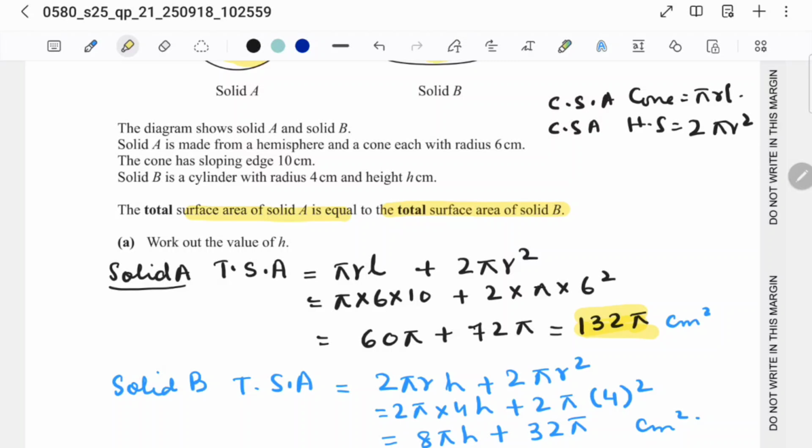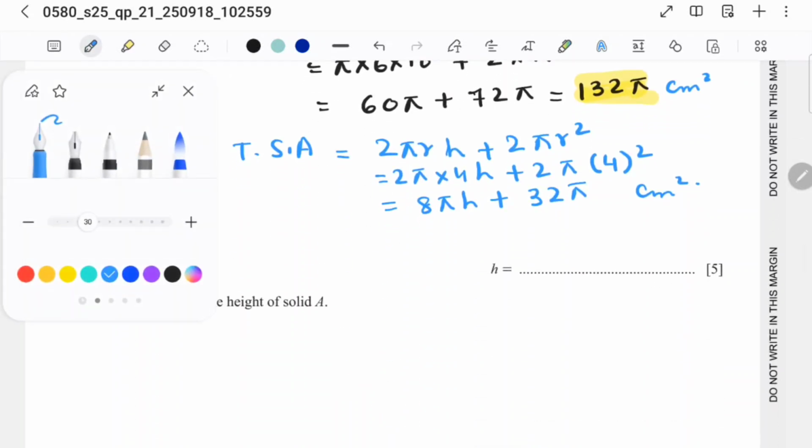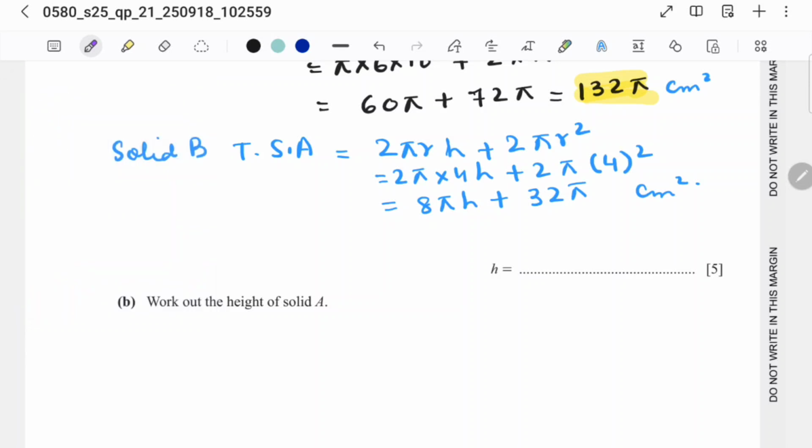So that is 132 pi equals 8 pi h plus 32 pi.